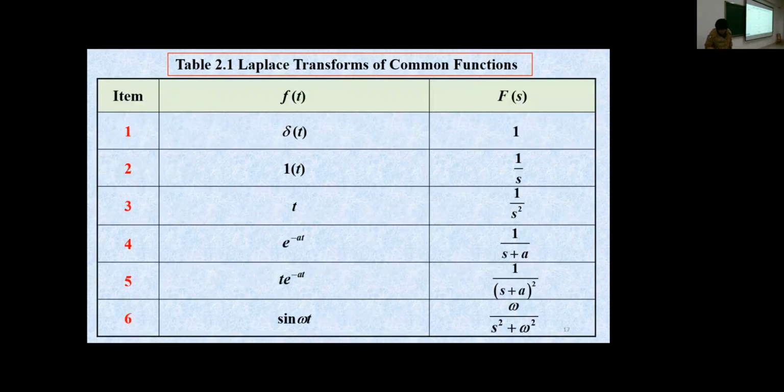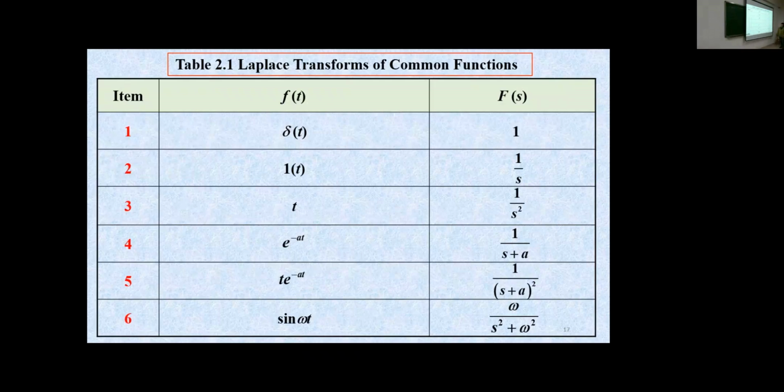All these Laplace transforms, the original function and the Laplace transform function, are listed in page 23, table 2.1. All the functions we talked about are listed in this table, and you can go through this.